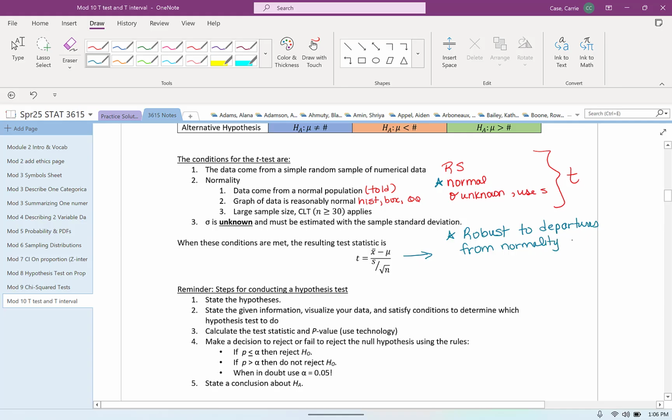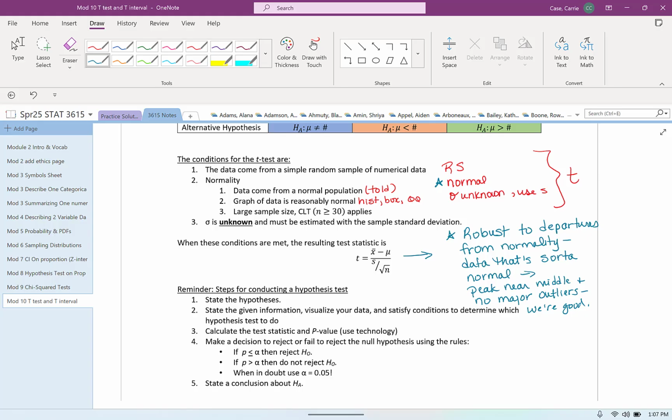And what that means is we just need data that's sort of normal. If we have a peak near the middle, and no major outliers, we're good. This distribution is particularly good when we don't have data that's beautifully normal. And lots of times we don't because we have small data sets.